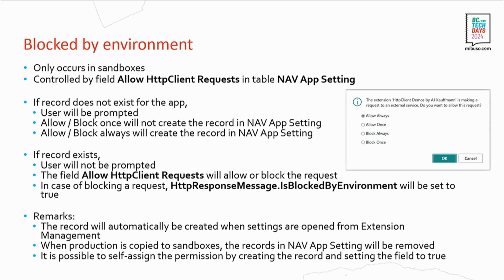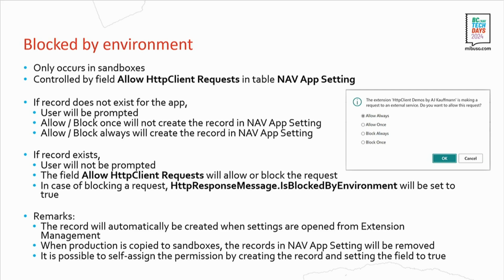If you say always, either allow always or block always, then that table will get a record for the app, and Allow HTTP Client Request will be set to true or false based on what you do with allow and block. Now, if that record exists, then the user will simply not be prompted. The HTTP request will just be blocked or be granted, allowed, based on that field.